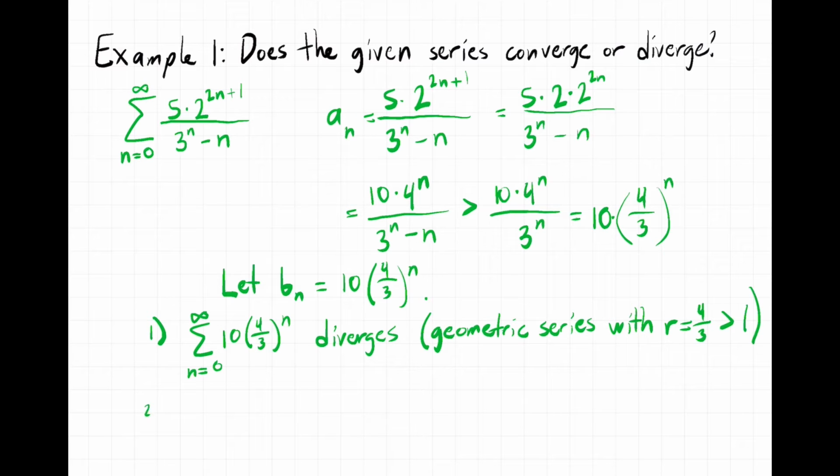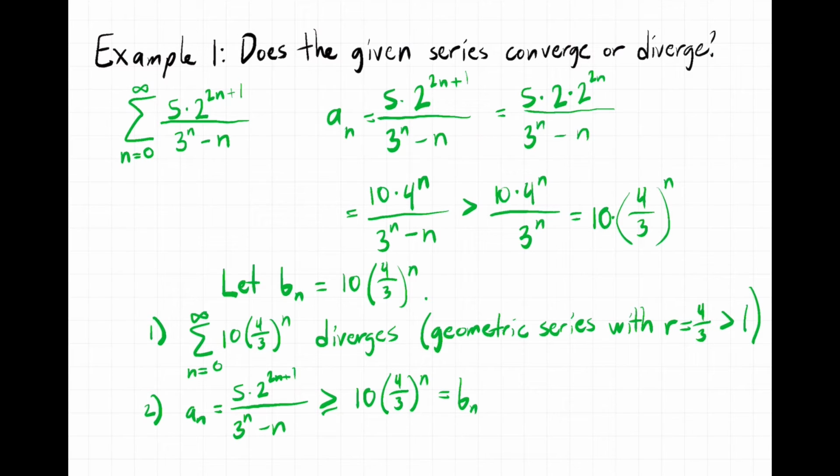And the second fact we know is that our an, which is 5 times 2 to the 2n plus 1 over 3 to the n minus n, is greater than, and therefore greater than or equal to, 10 times 4/3 to the n, which is our Bn.